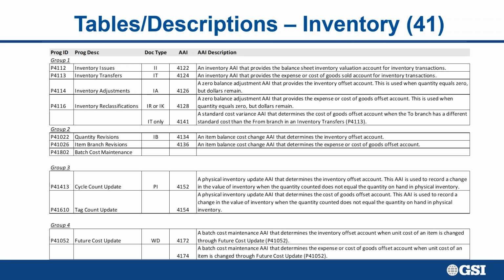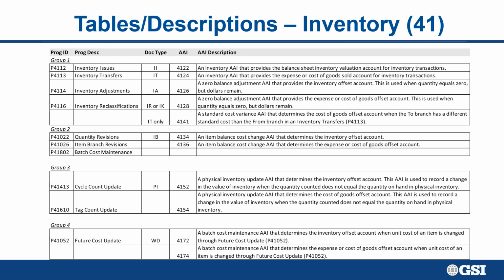We do work orders for manufacturing, where we produce items and we consume items. So those 3 modules touch the inventory system, as well as straight up inventory transactions, which are typically the issues, the adjustments, the IT transfers, the reclassifications, the cycle counts, those types of things.